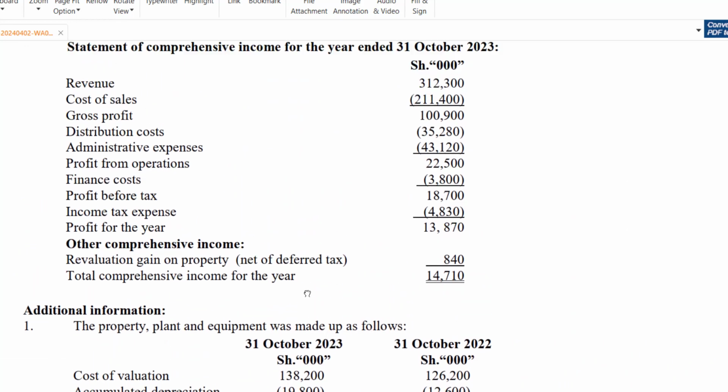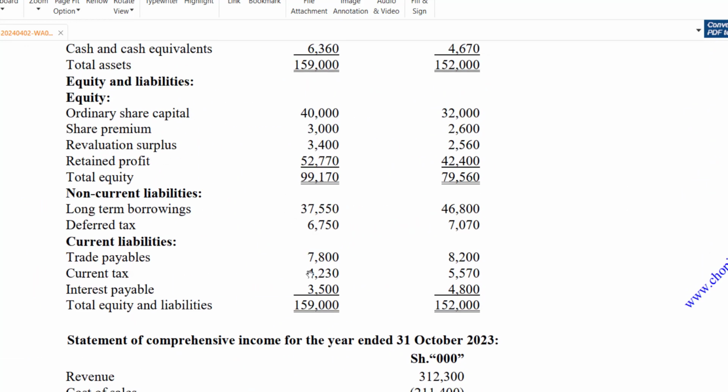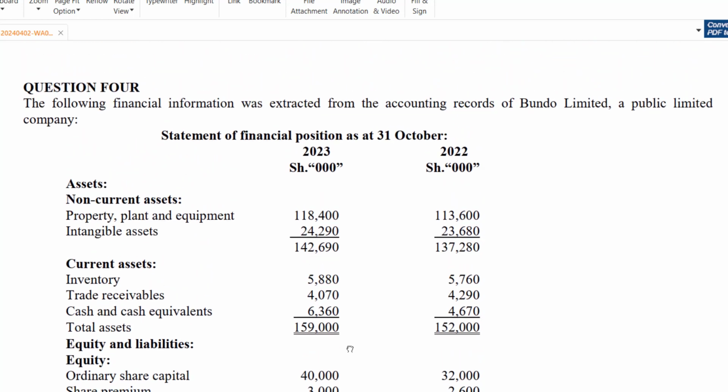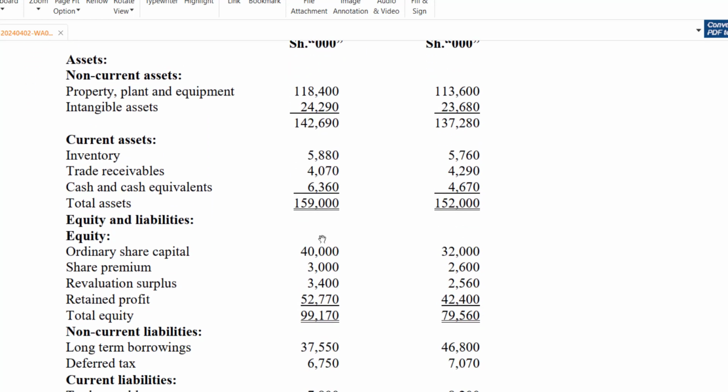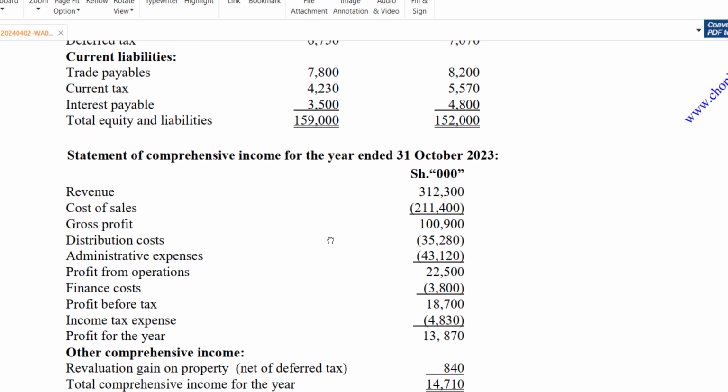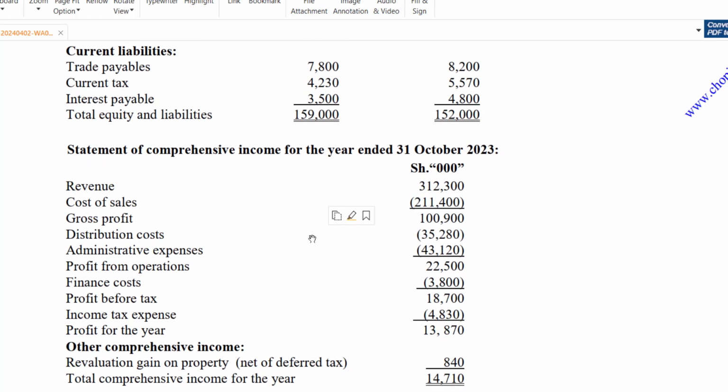So we have our balance sheet there. We also have our income statement here. Recall that a statement of cash flows has 3 parts.